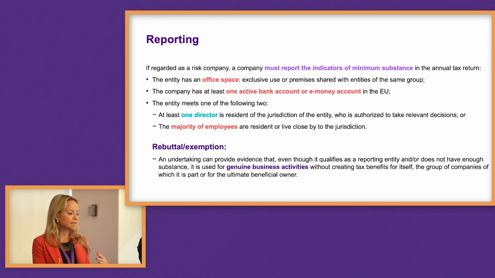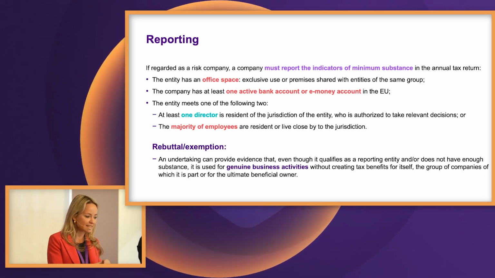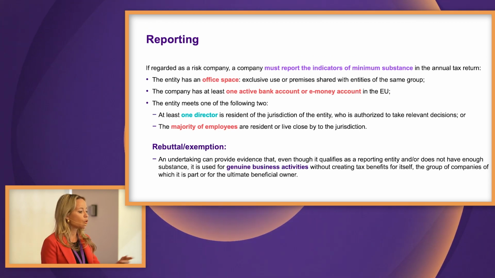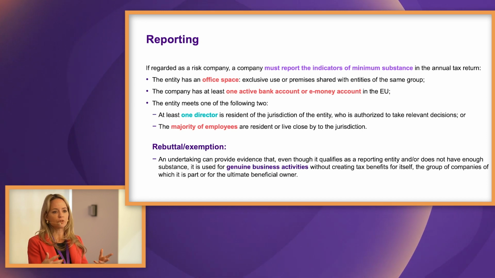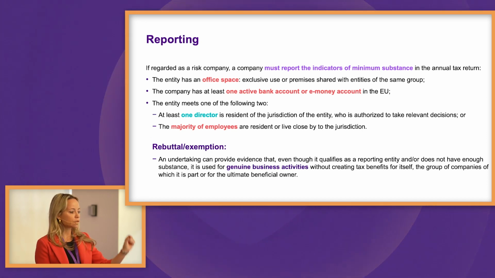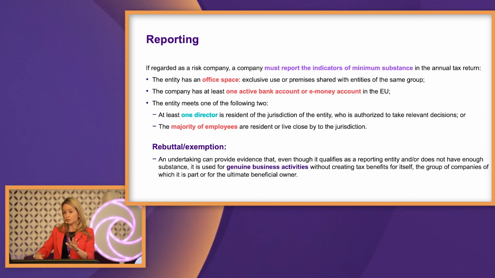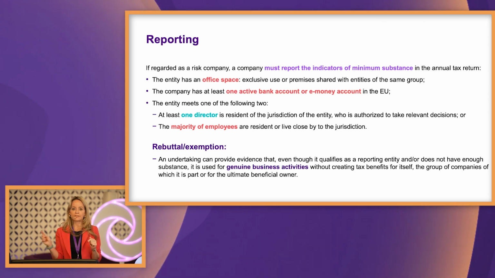And you need to have at least 1 director which is resident of the jurisdiction of the entity, who is also really authorized and capable of making decisions. Or you should have a majority of employees residing in and from that holding company. If you meet those 3 criteria, you're fine. Then yes, you should report in your corporate income tax return, but you are not regarded as a shell company.